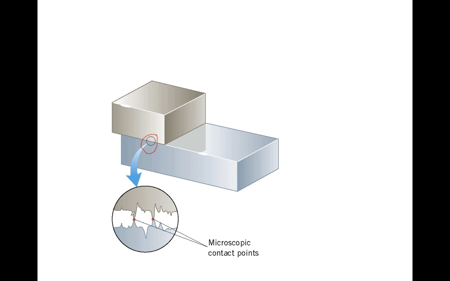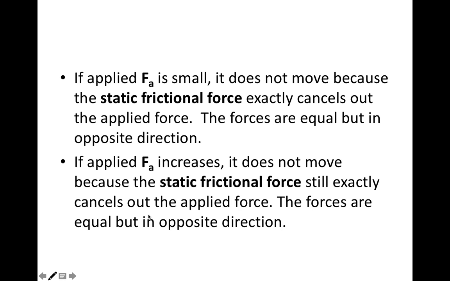Okay, so there are some grooves and hollows inside the surface. And it's when those grooves and hollows interact with each other, there's an electrostatic force that creates an attraction between the two surfaces, and the two surfaces sort of gel together, and that causes a frictional force.